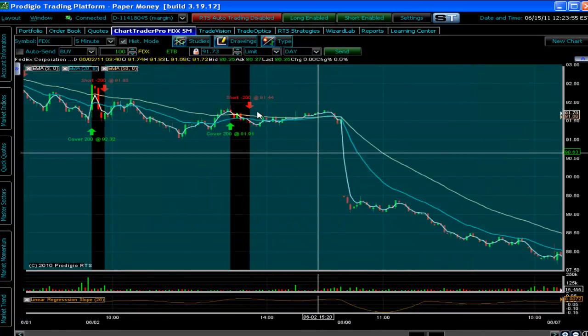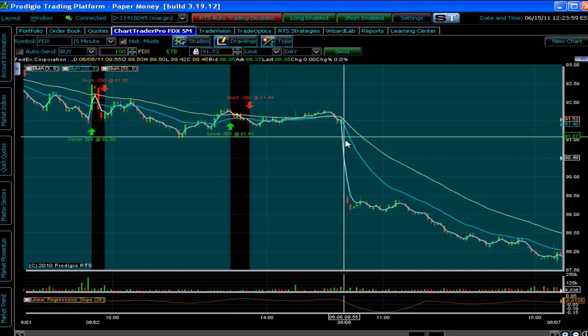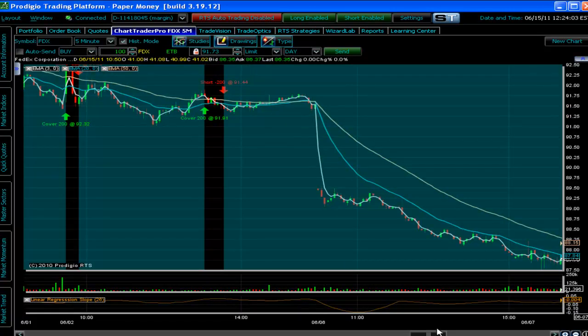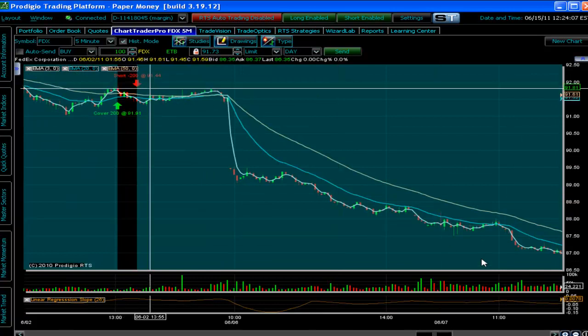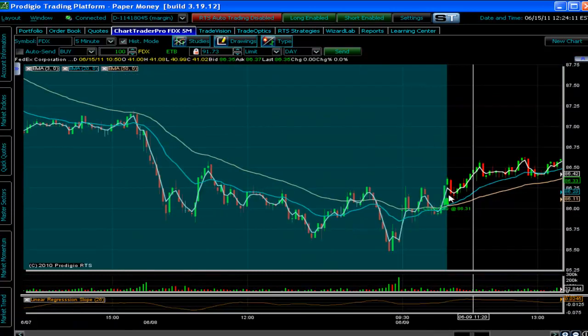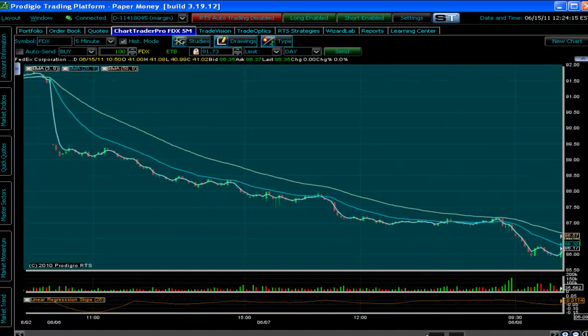Okay, so this was actually this signal, which again, on FDX there was a similar kind of gap, and we had a continuation pattern on this gap, and it continued to go down. You can see this short simply rode this position all the way down until the trailing stop finally kicked in. So this was a beautiful position. That's why it's such a big winner.